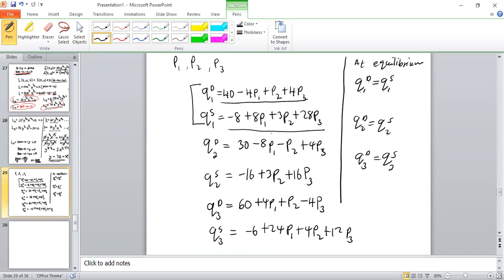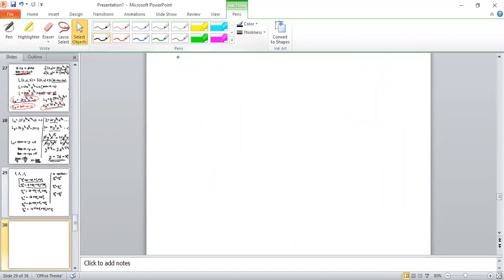So just give me 40 minus 4P1, and say this is equal to that. I was expecting the students to tell me. So we are equating the first one.